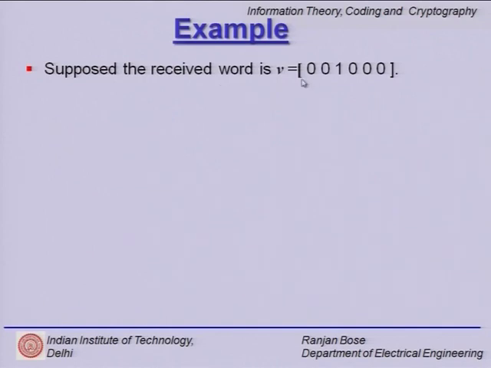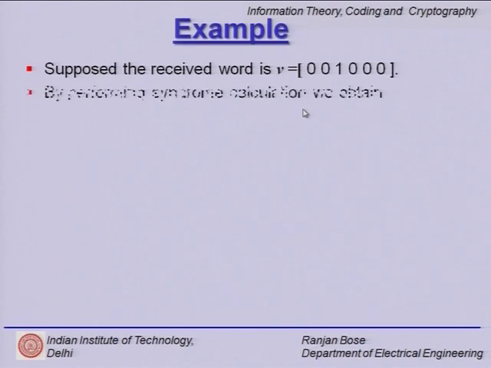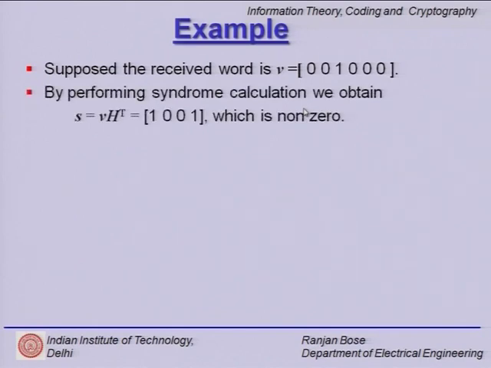Suppose we happen to receive a vector 0 0 1 0 0 0 at the receiver, and I wish to know whether this is a valid code word, whether I have made an error. If yes, then what is the corrected version. So, first step is to find out the syndrome.